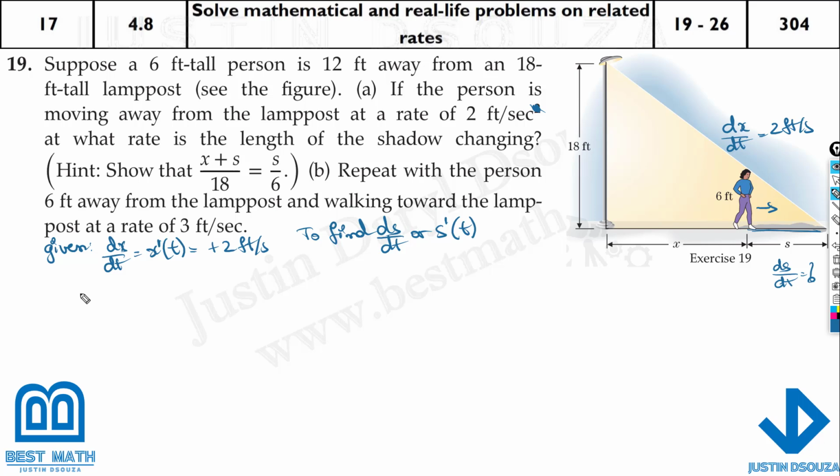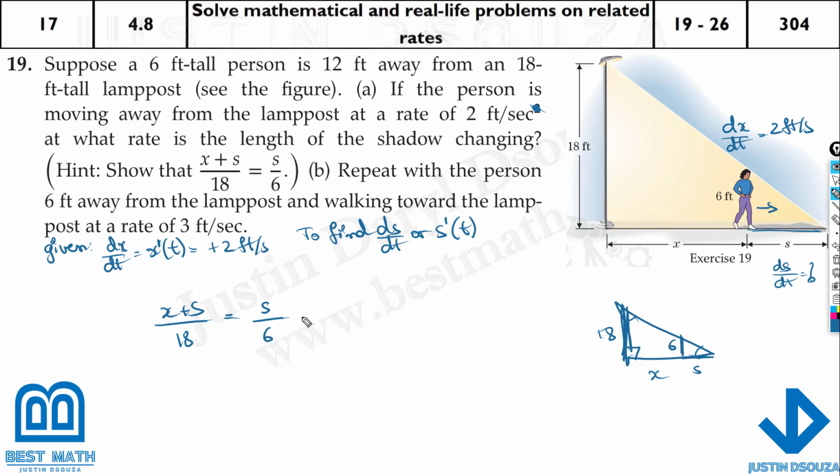Now the solution. If you look carefully, these are similar triangles. There are two triangles inside. The angles will be the same, and this is 90 degrees, so these are similar triangles, and we can use the relationship of similar triangles. The bigger, outside triangle has sides x plus s, so x plus s divided by 18 equals the inner triangle, s, divided by its height, 6 feet.